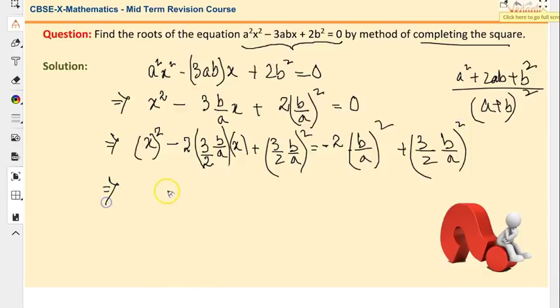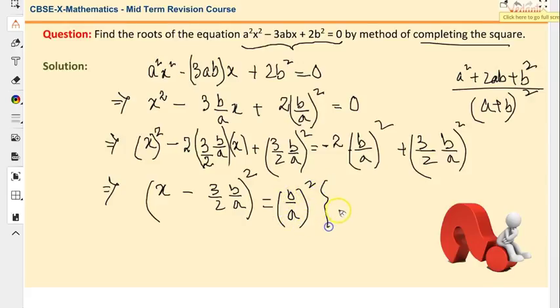Now I can write this as x minus 3 by 2 b by a whole square. Now I have this x in terms of something whole square. And in the right hand side, if you see here, I will take b by a whole square common.